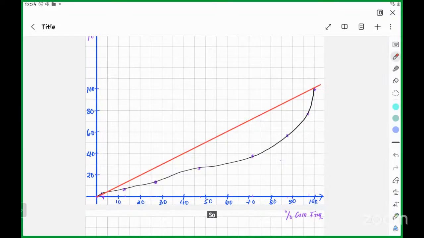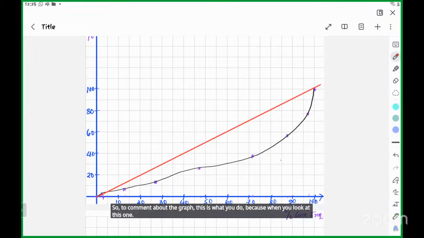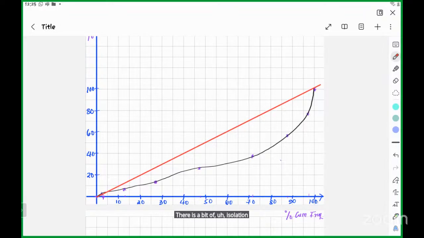So sometimes you may be asked to comment about the graph. To comment about the graph, this is what you do. When you look at this one, there is a bit of isolation, a split, between 0 and 40% for the percentage frequency.